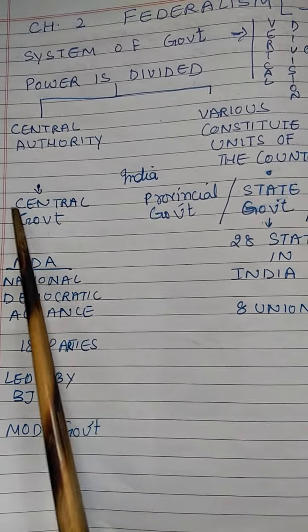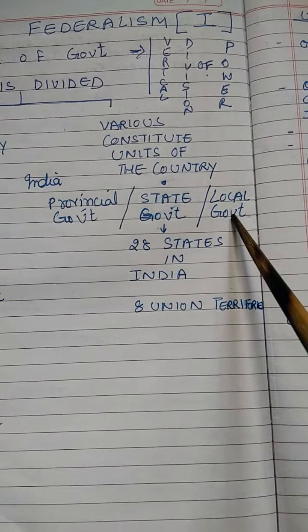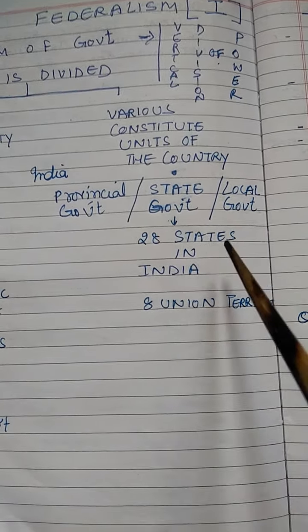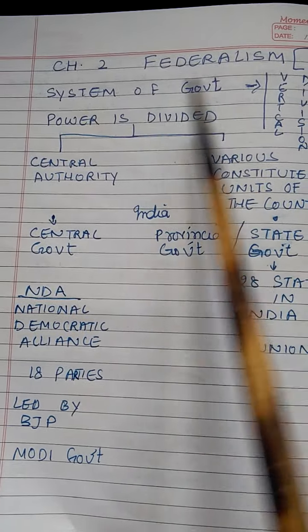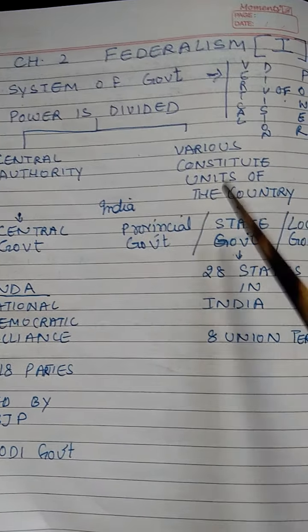That is the central government. And then we have state governments. For example, we are living in Punjab, we are ruled by a government of Punjab. So, what is federalism? Federalism is a system of government where power is divided between central authority and various constituent units of the country.